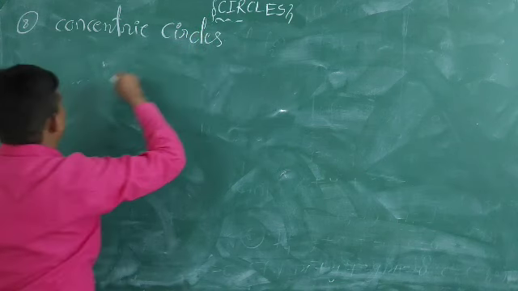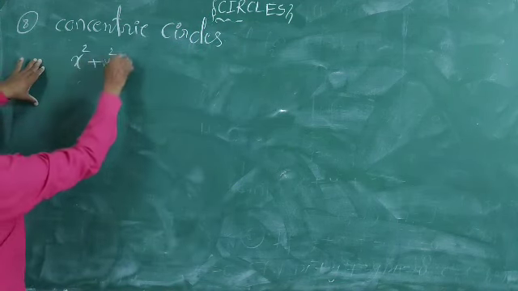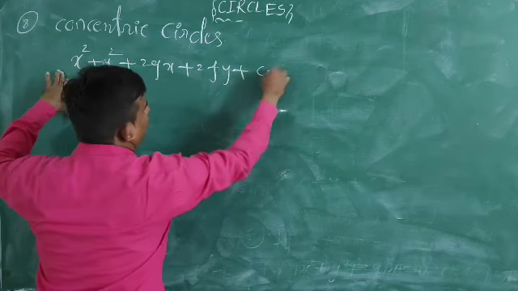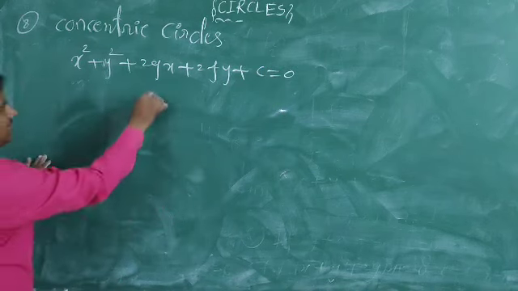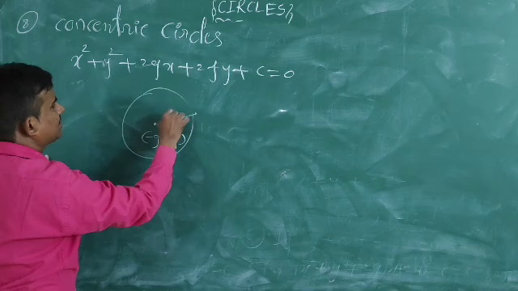What is the meaning of concentric circles? First of all, x square plus y square plus 2gx plus 2fy plus c equal to 0 is a circle with center (-g, -f) and radius r.